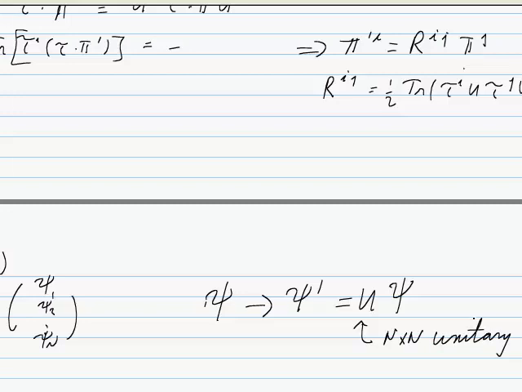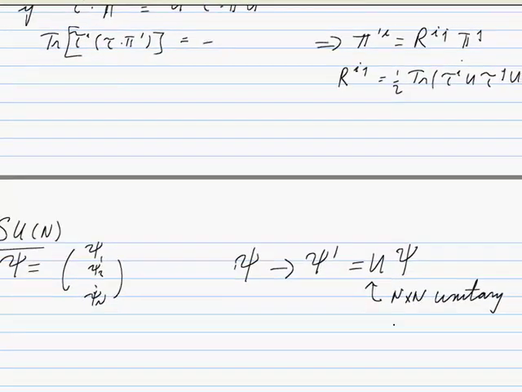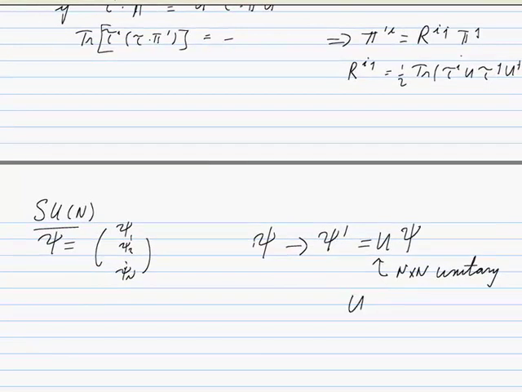Where this is now a unitary N by N matrix. If we factor out an overall phase, which you can always do, then you can always write a unitary matrix as e to the i times a Hermitian matrix.